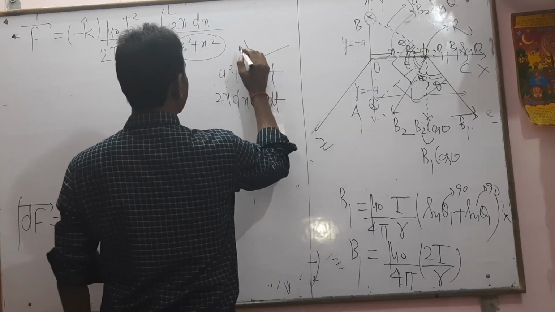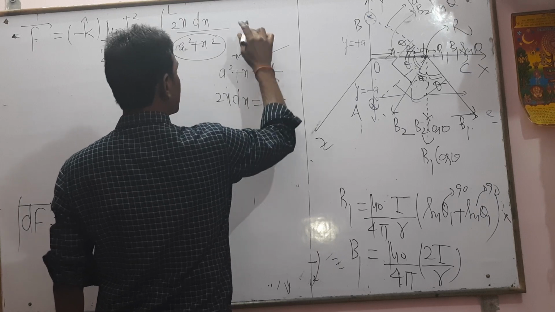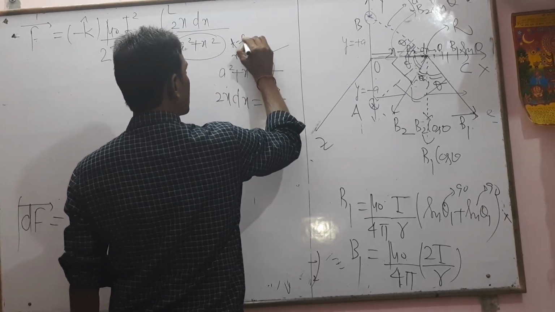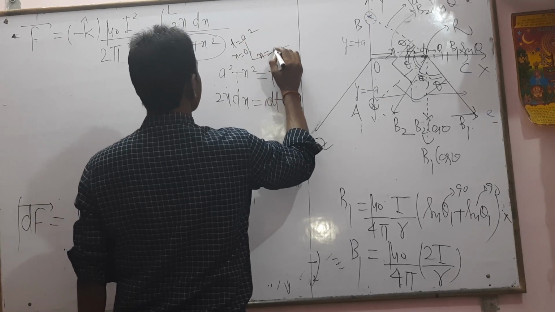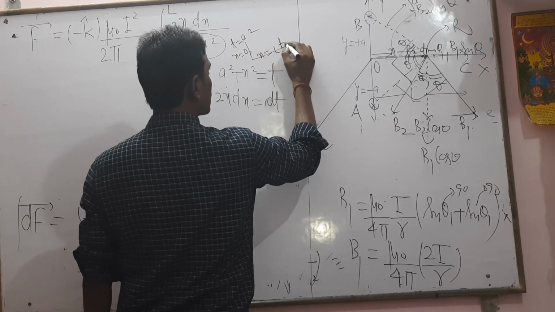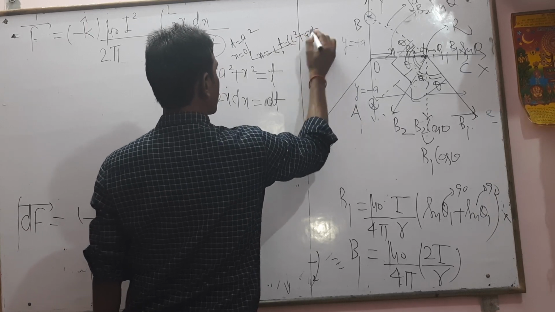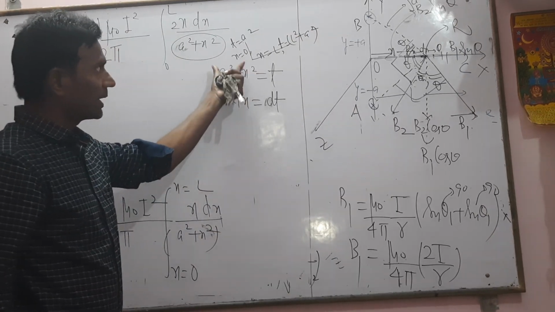If x equals 0, then t equals a square. If x equals L, then t equals L square plus a square. Lower limit and upper limit.